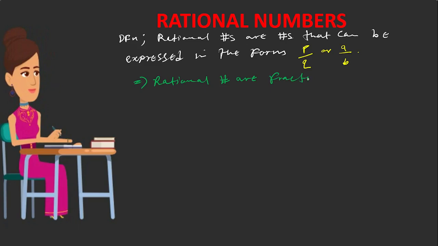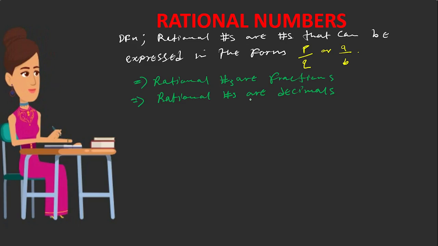So rational numbers are fractions, and also rational numbers are decimals. That is what you need to understand when you talk about rational numbers. From the point raised, we have talked about decimals.